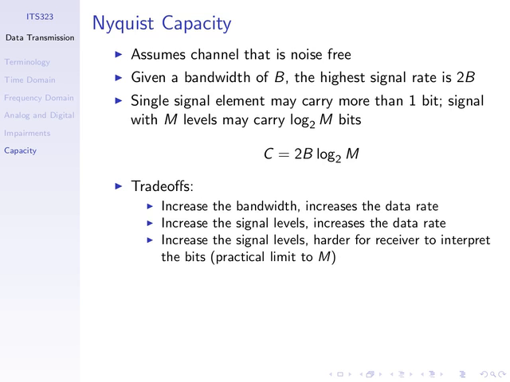Each level will last 1 millisecond, and then we change to the next signalling element. I want to transmit these 6 bits of data: 1, 0, 1, 0, 0, 0.